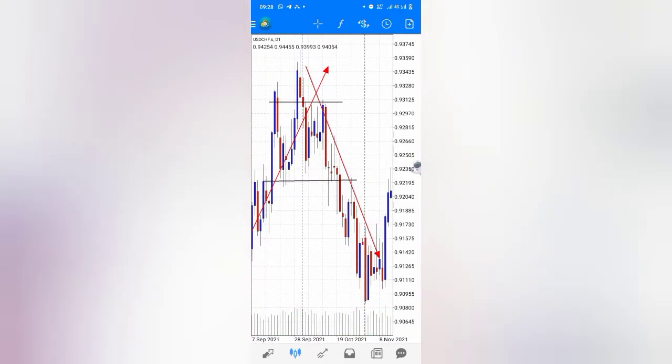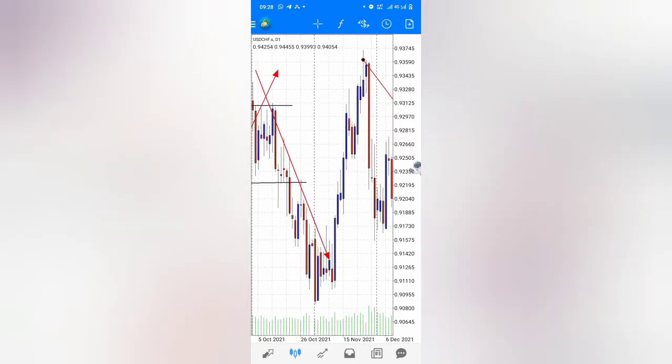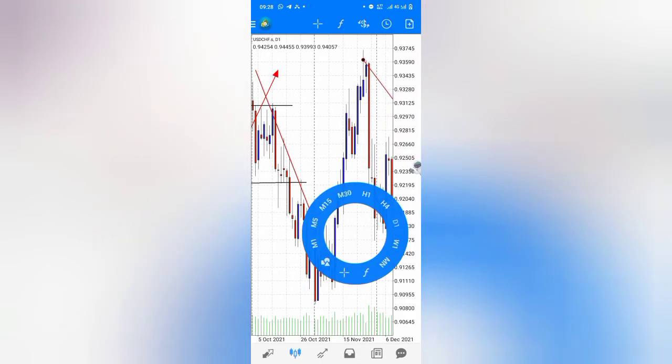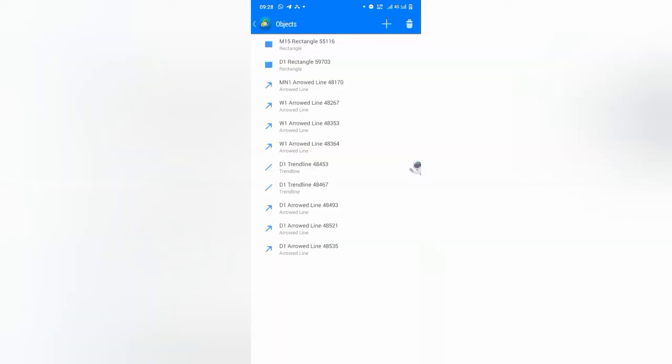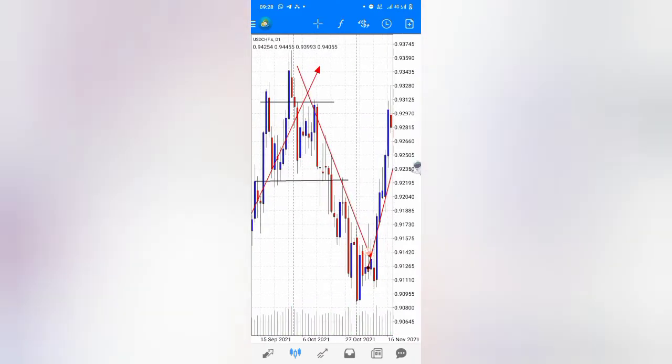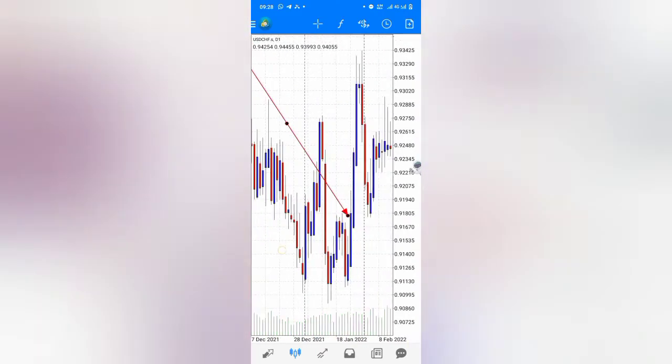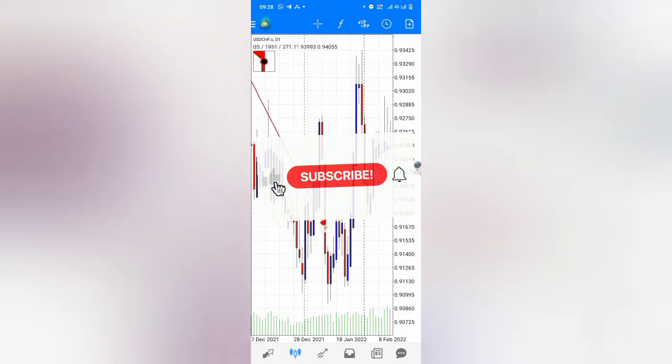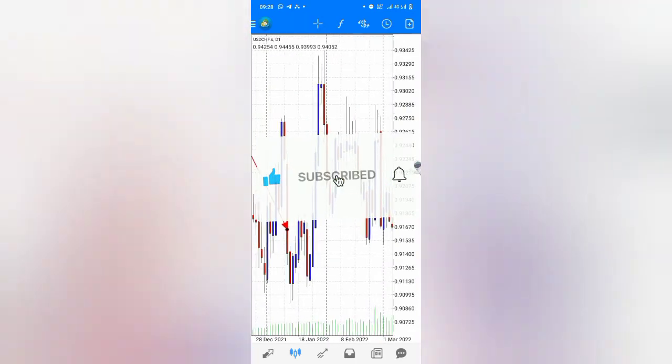It is just that you have to take your time to identify them. If you can see, this is another trend too. Do you see it now? Usually I identify them easily on my chart.